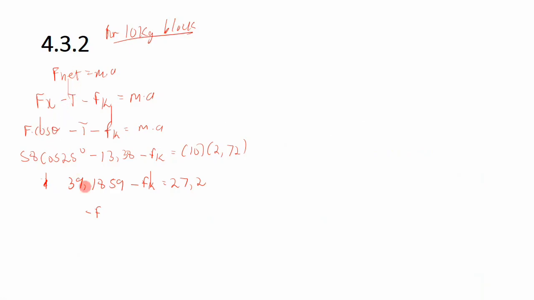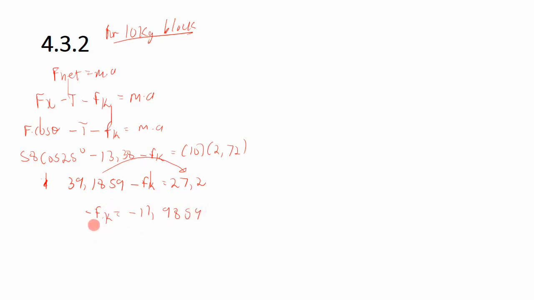So calculating for Fk, we have negative Fk here, and then we can transpose all this to this side, and this will become negative 11.9859.